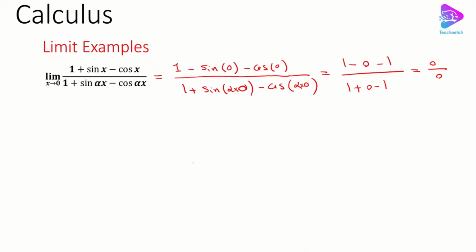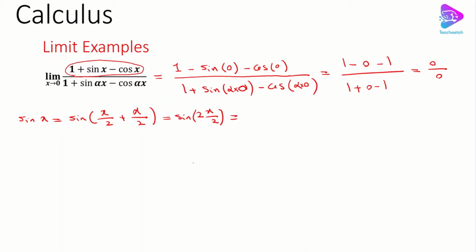From there we have to use some properties of trigonometric functions and trigonometric identities. If we look at the numerator, we have 1 plus sine x minus cos x, and we can rewrite sine x as sine of (x over 2 plus x over 2), which is actually sine of 2x over 2.